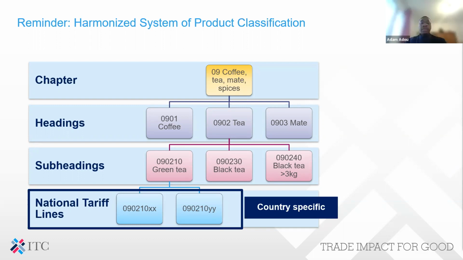In some agreements, you might have regional tariff line codes, which are used within the agreement with all the countries for specific products, and we don't really capture this in the different ITC market analysis tools. Today, all the exploration we're going to do will be based on the subheading, so the HS6 level.